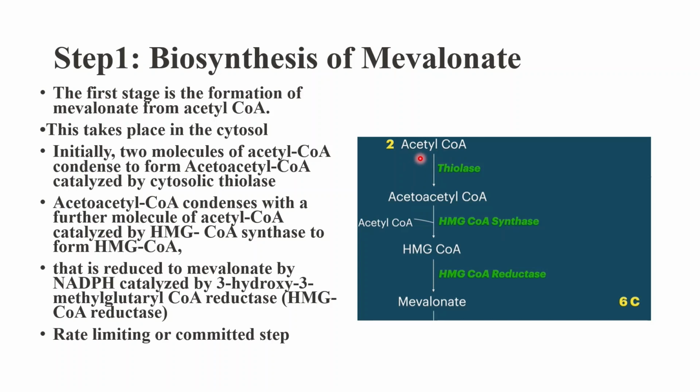Then acetoacetyl-CoA condenses with another molecule of acetyl-CoA in the presence of HMG-CoA synthase to form HMG-CoA. Then this is reduced to mevalonate by the NADPH-dependent enzyme HMG-CoA reductase. This is the rate limiting, committed step. We will be discussing this in regulation.